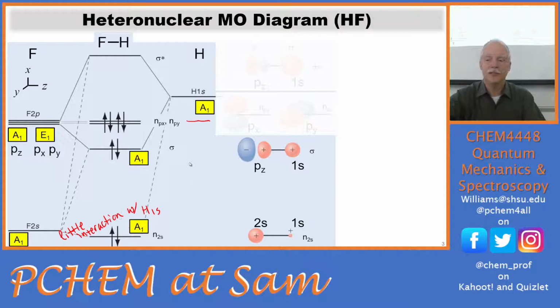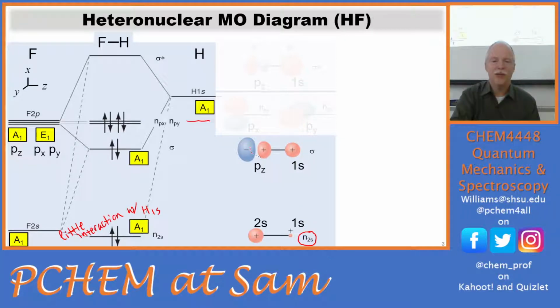Let's look at the pictures now. Notice there's just a tiny amount of the hydrogen 1s being used here. It's mostly the 2s. And so we're calling this a non-bonded 2s instead of a sigma, okay? So we're saying that 2s really hasn't interacted with the hydrogen, so it's not really a bonding interaction.